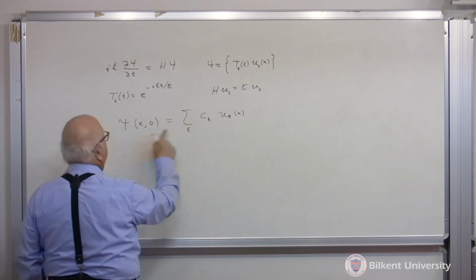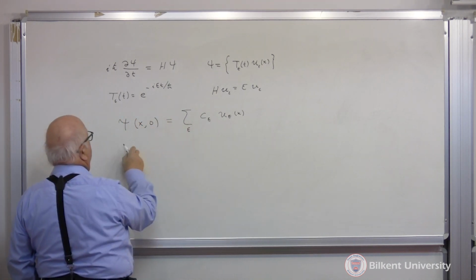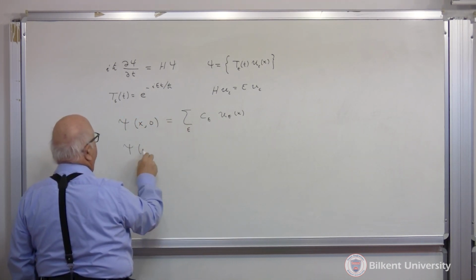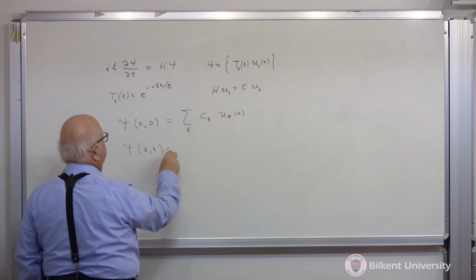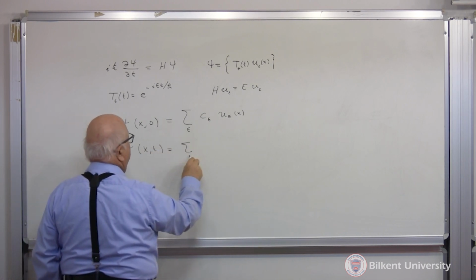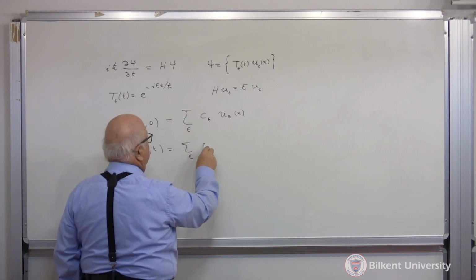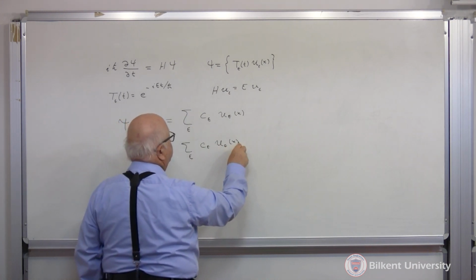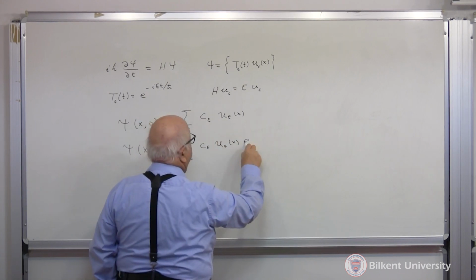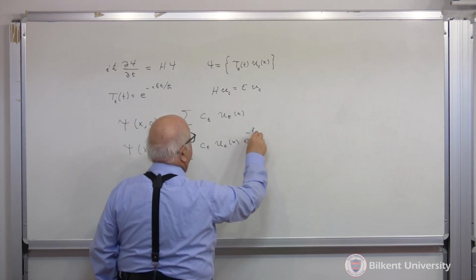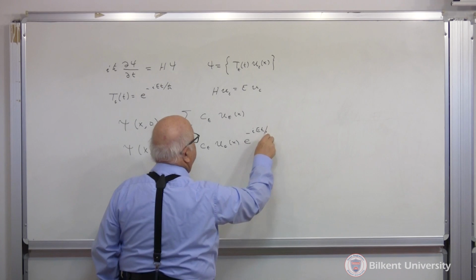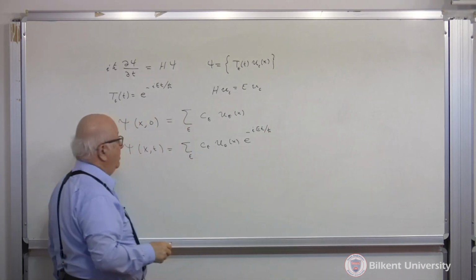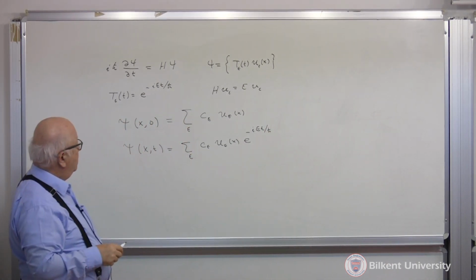And once we do this expansion, then what we have for psi of x, t is sort of trivial. We have the sum over E of c_E u_E of x, and the time dependence e to the minus i E t over h bar.